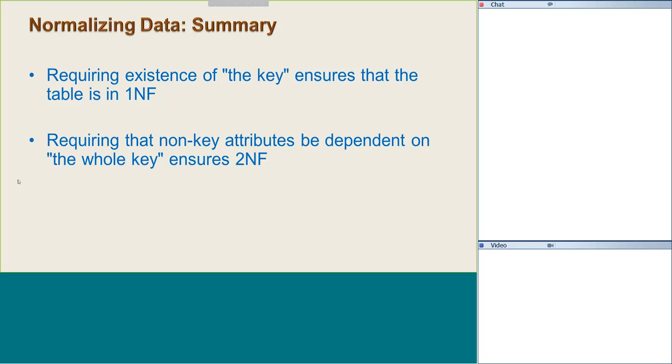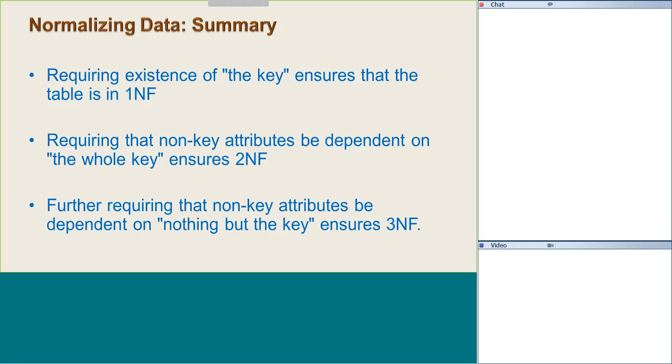Of course, if the table has only 1 element in its key, then first normal form is equivalent to second normal form by definition. The third element is that the non-key attributes must not be dependent on anything else but the key, i.e.